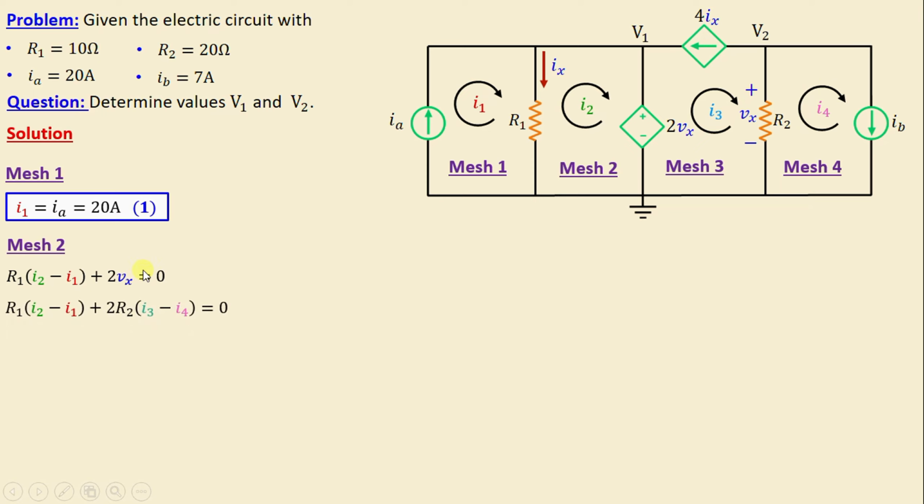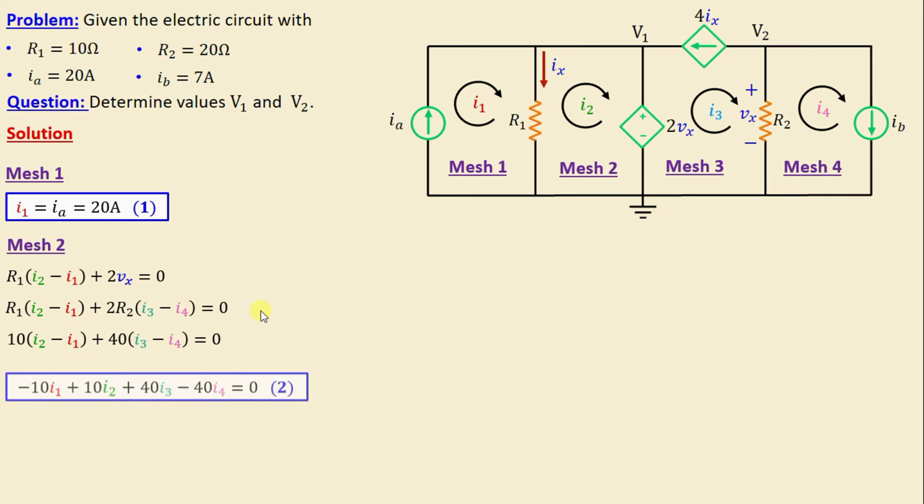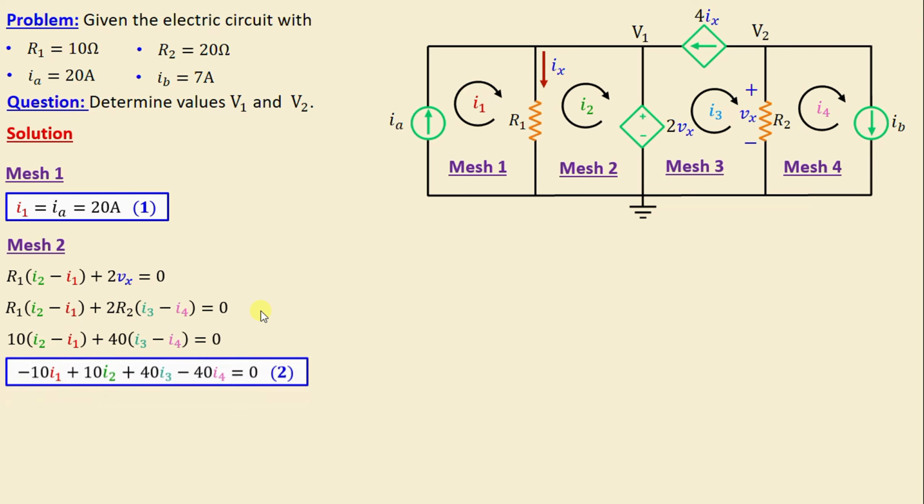If we replace that in the first equation, we obtain R1 (I2 minus I1) plus 2 R2 (I3 minus I4) is equal to 0. By replacing the resistors with their numerical values and simplifying this equation, we obtain negative 10 I1 plus 10 I2 plus 40 I3 minus 40 I4 is equal to 0.